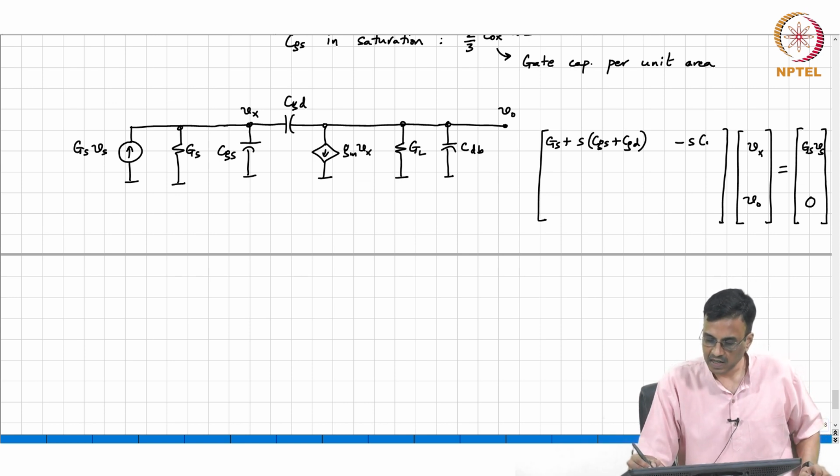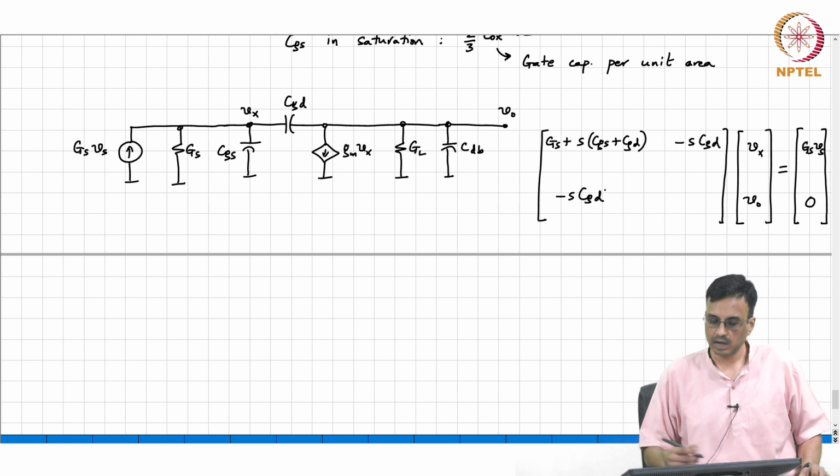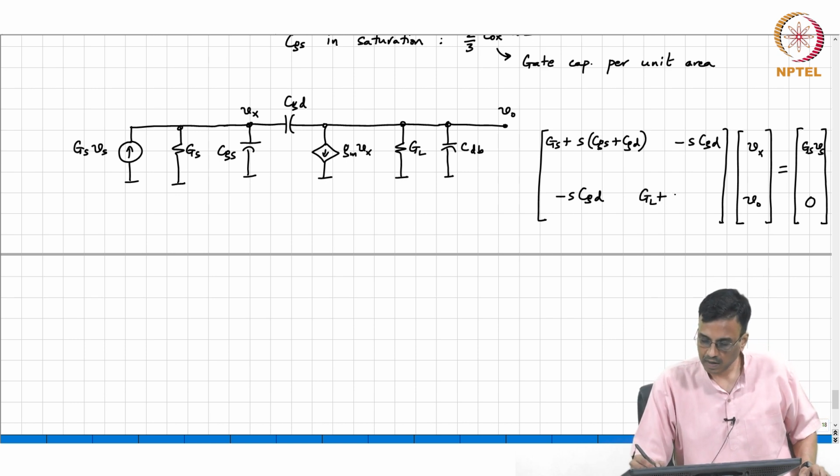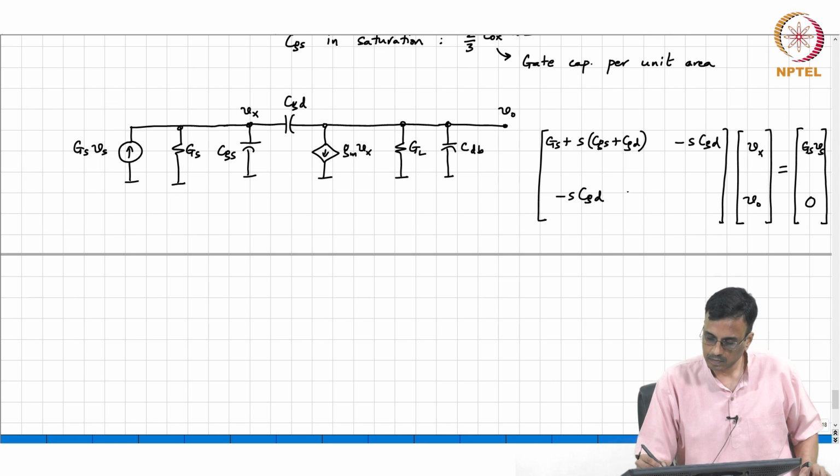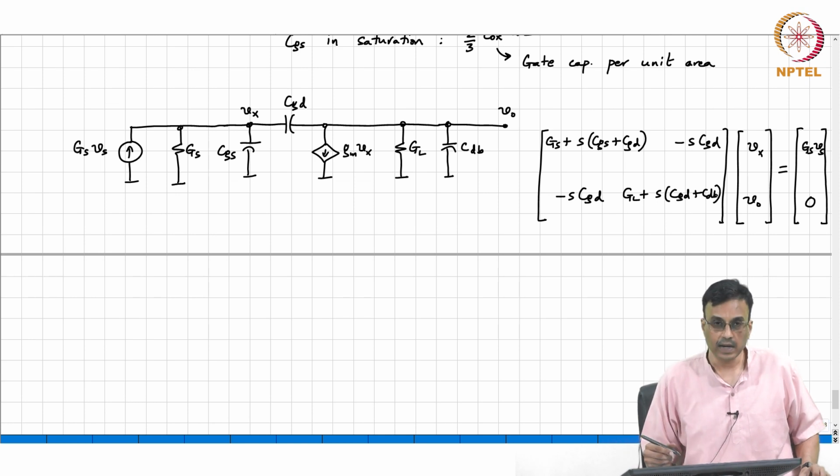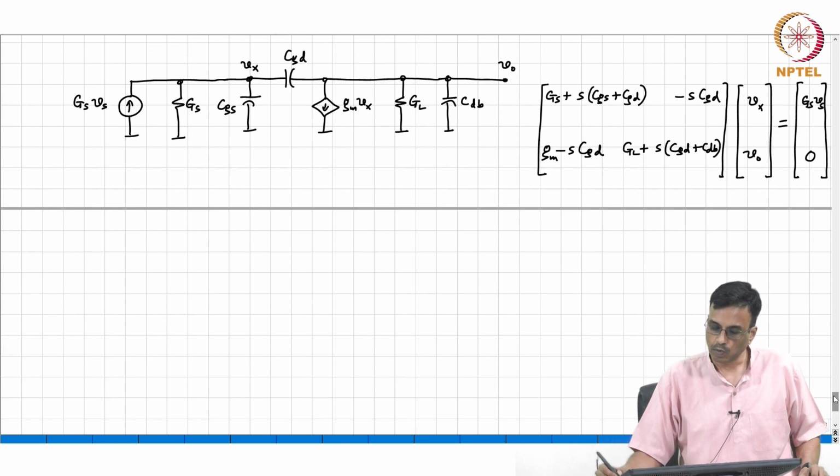This is minus SCGD, minus SCGD, GL plus S times CGD plus CDB. All right. Then where does GM show up? Which row will it show up and which column? First column.